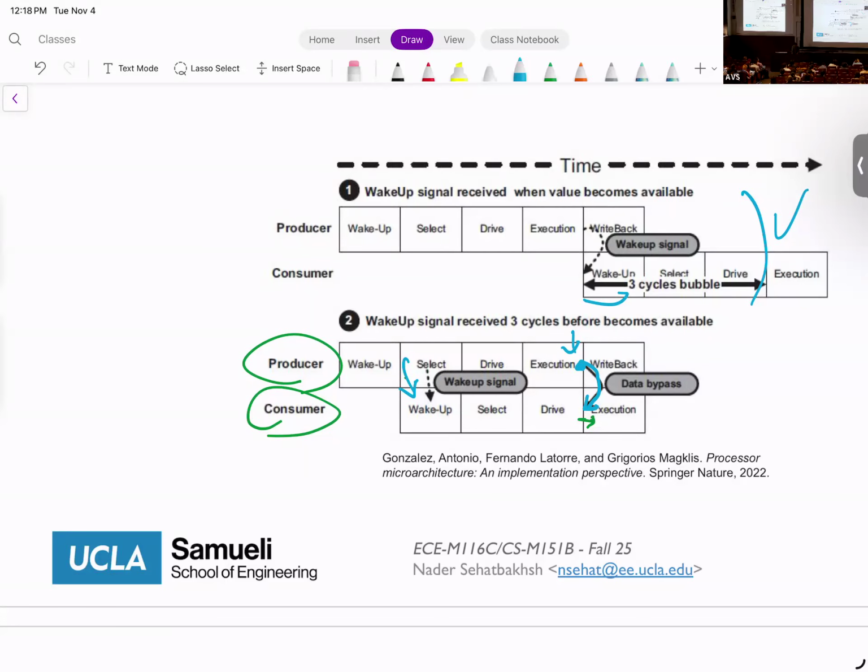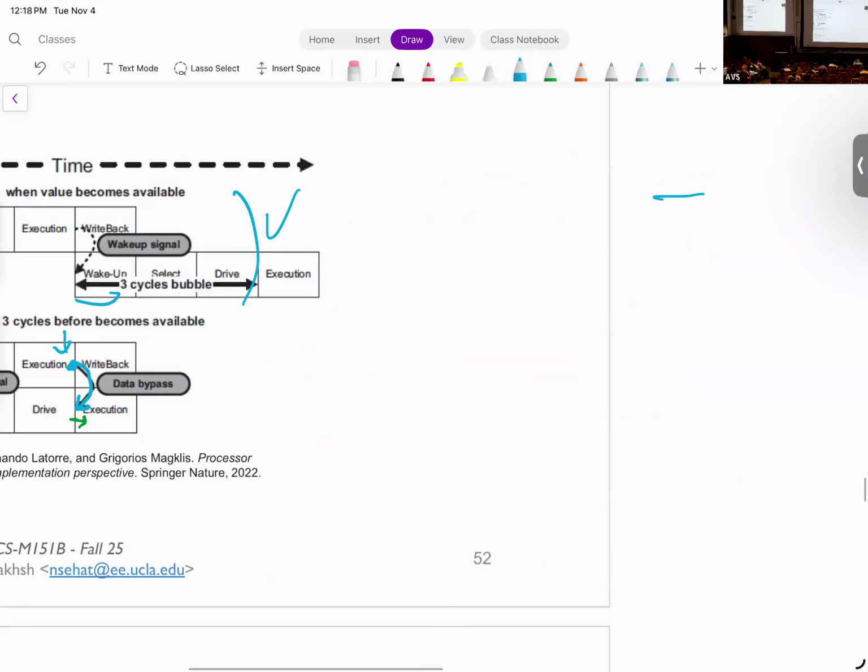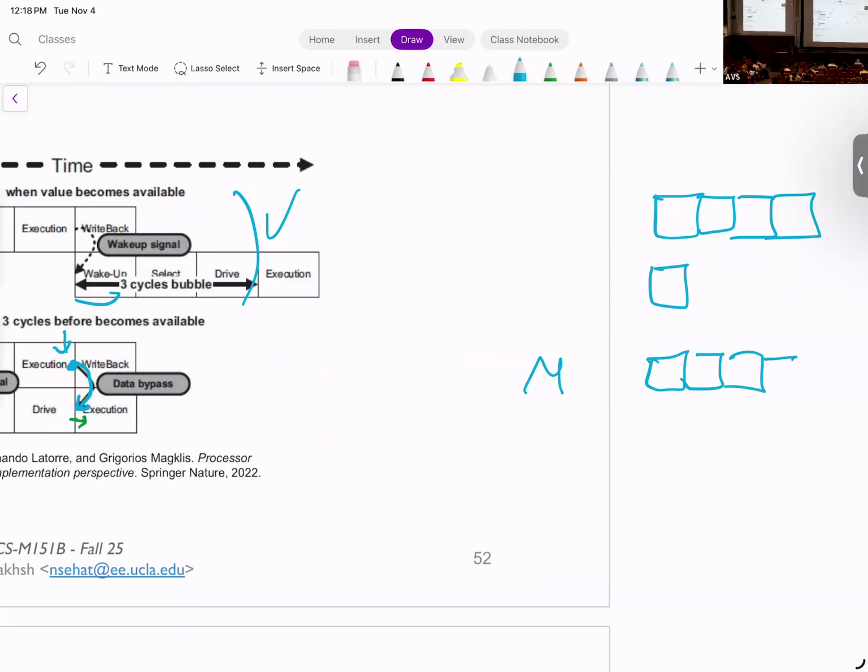Because remember I told you that instructions in the execution unit can take multiple cycles, right? So one can take one cycle, one can take 3 cycles and more cycles. Particularly if you remember, I told you that memory is also part of the execution unit. And depending on whether we have data in the register, data in the L1 cache, L2 cache, and so on, the time it takes for this data to be available might be different.